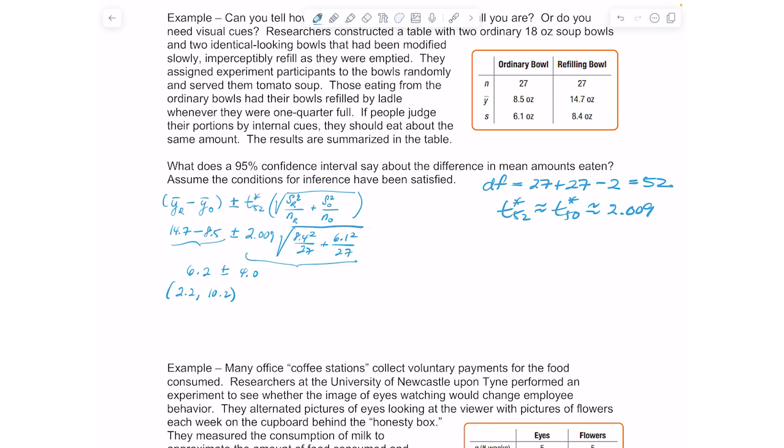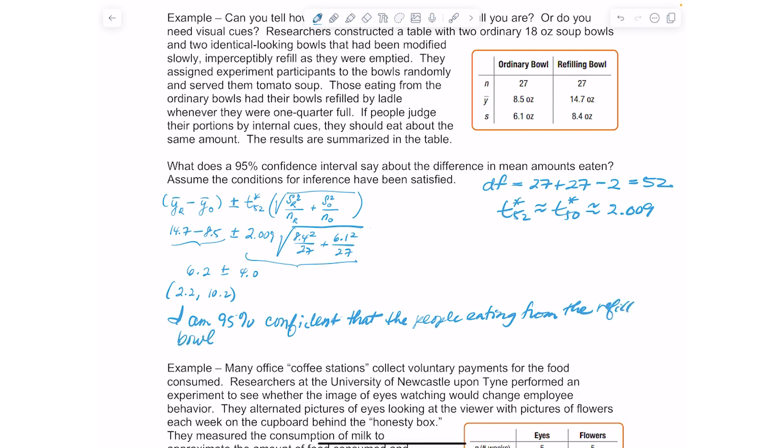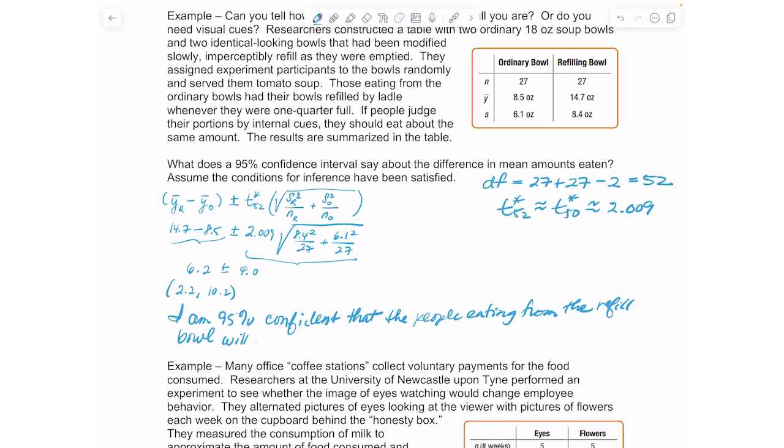So of course we're going to start out saying, I am 95% confident that the people eating from the refill bowl will eat an average.